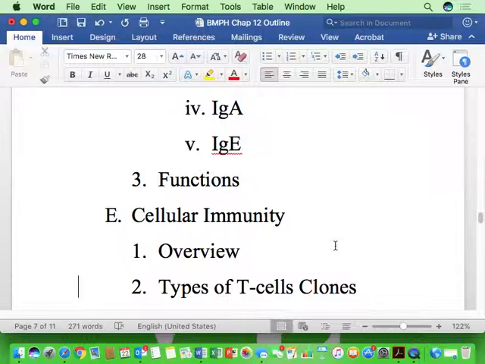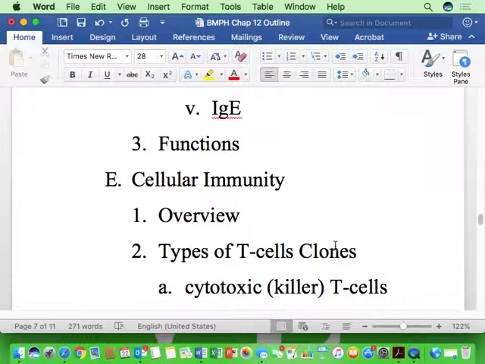So types of T cell clones. Cytotoxic T cells, more commonly known as killer T cells. Killer T cells specialize in virus-infected, cancer, and foreign graft cells.